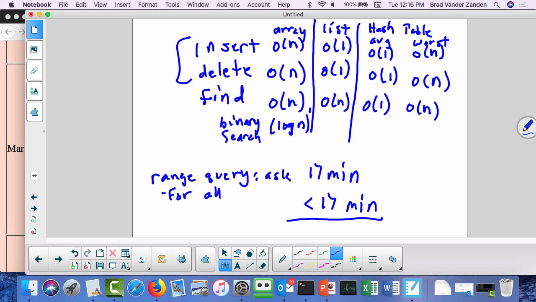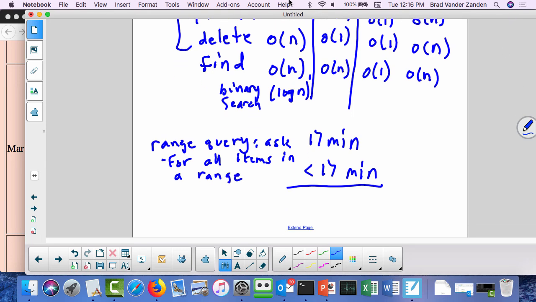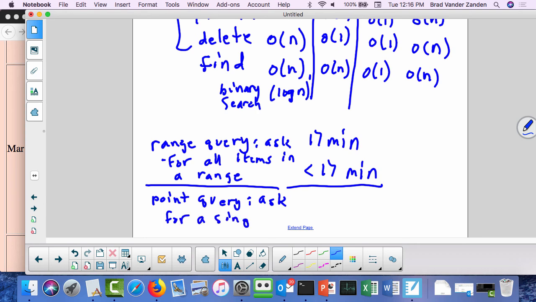So far, we have dealt only with what is called a point query. It asks for a single value. So the difference is a point query is an equality, whereas a range query is an inequality.